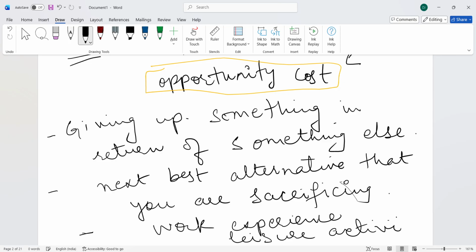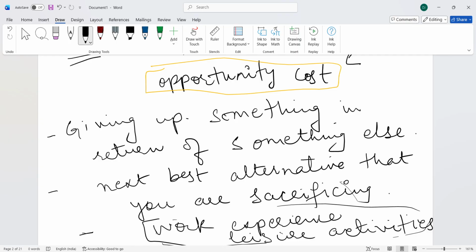So these are your opportunity cost of attending college, because if you're attending college, you are sacrificing these alternatives. So that's the next best alternative that you are sacrificing. That's the opportunity cost.